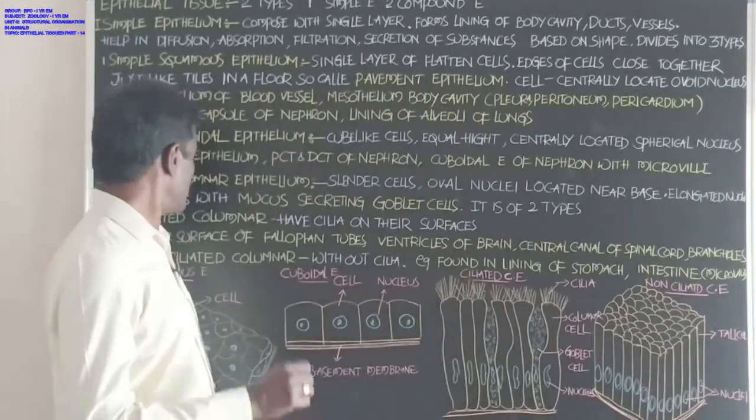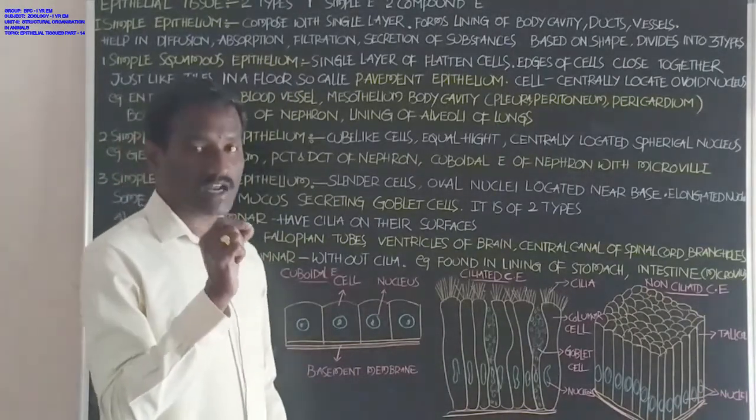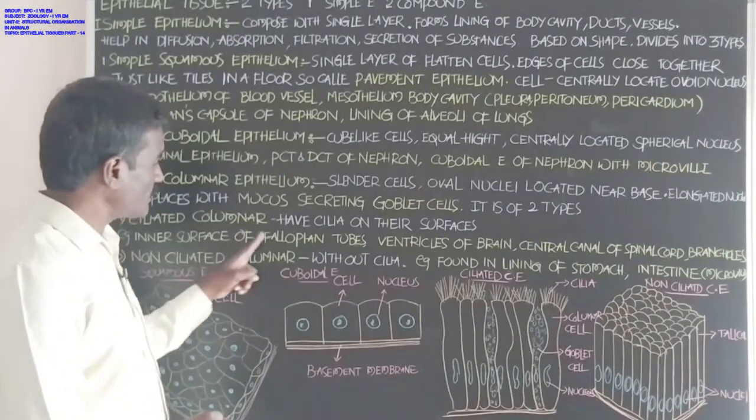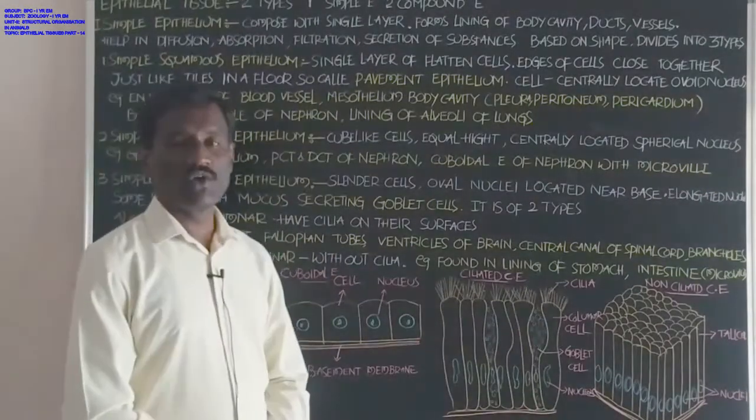Where is this ciliated columnar epithelium present? For example, the inner surface of the fallopian tube.